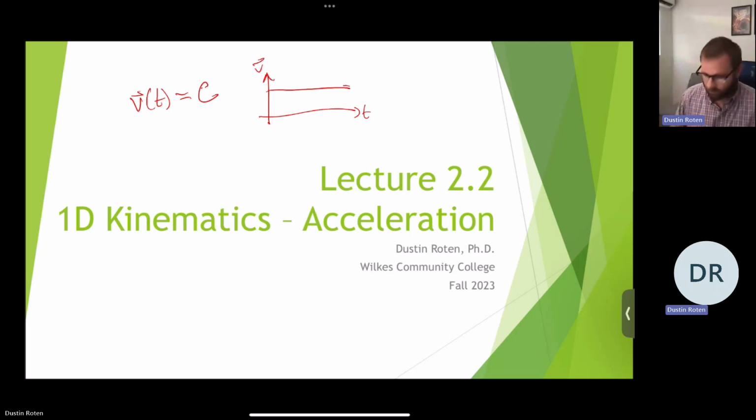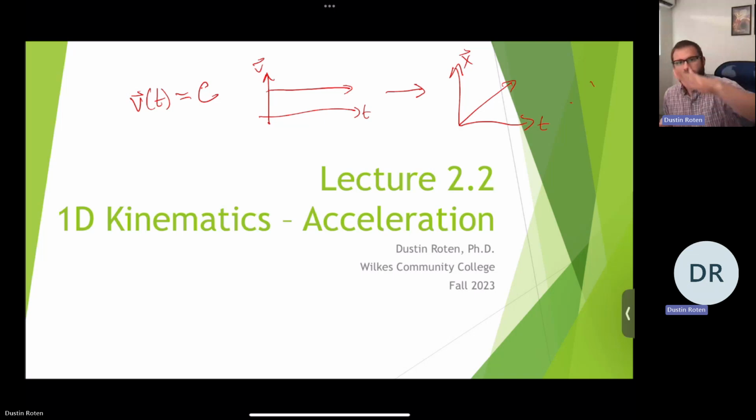What that means for your position over time is that it would be a line with a linear slope, so the same slope everywhere.